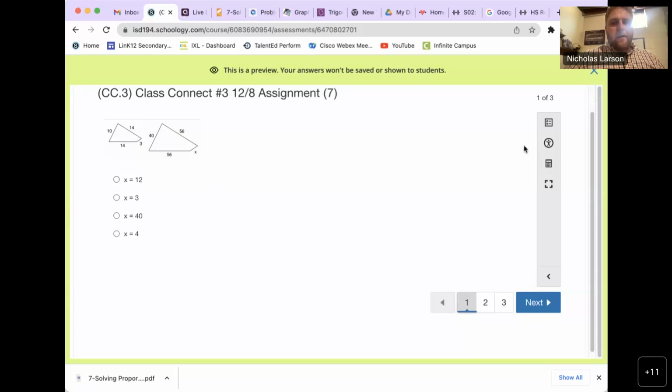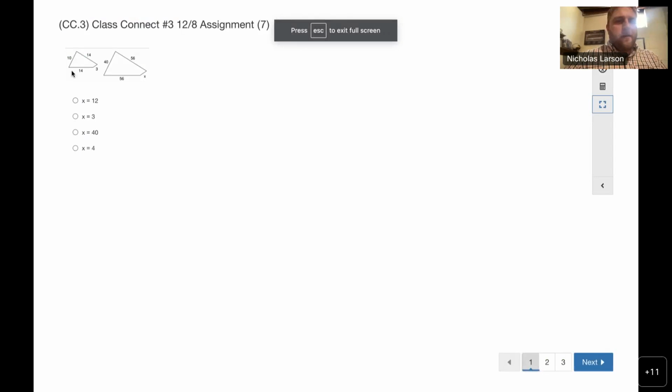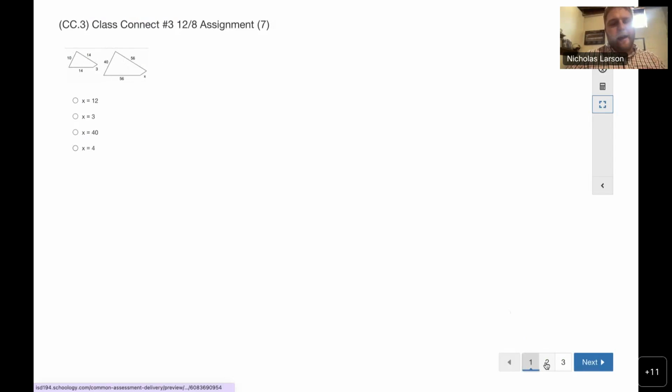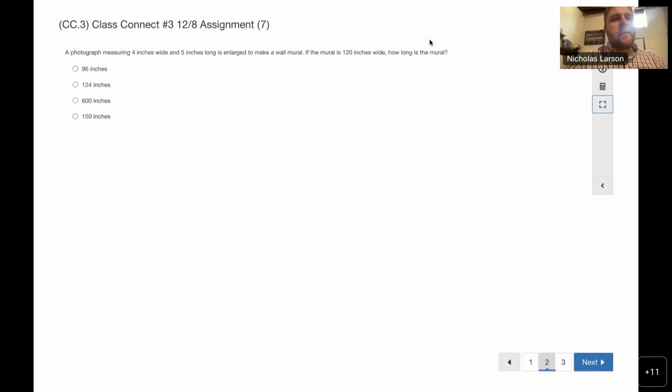Okay. First part, these shapes are similar, so you have to figure out what X is. I would say, all right, if this is 10 and this is 40, I have to multiply to get something. 14 times something is 56. Well, to figure out X, I would say 3 times that same number and get X. Set up a proportion, okay?